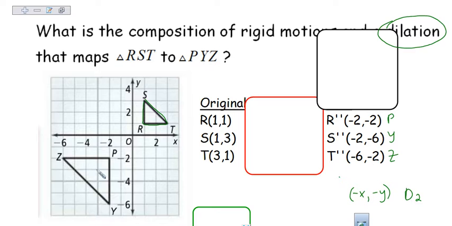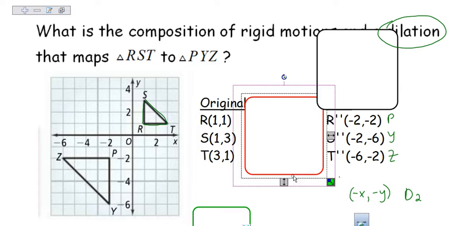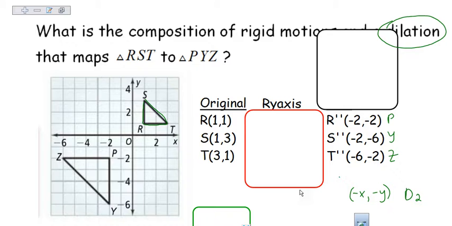If we look at our picture, how would we get this original to turn over here? That's where our rotation is going to come in. I believe we are going to rotate this 180 degrees. I think I wrote that wrong, so I'm going to do a lowercase r, 180 degrees.